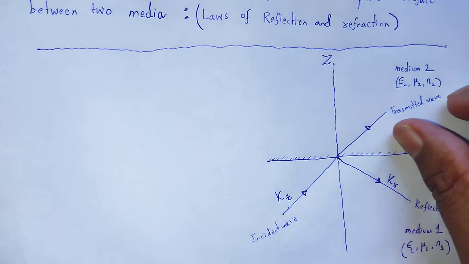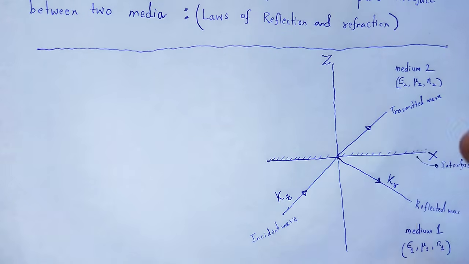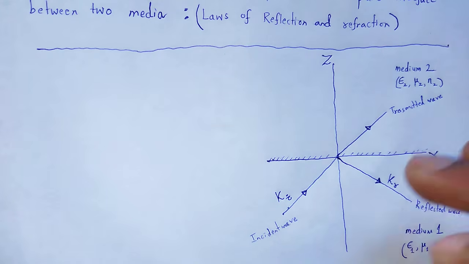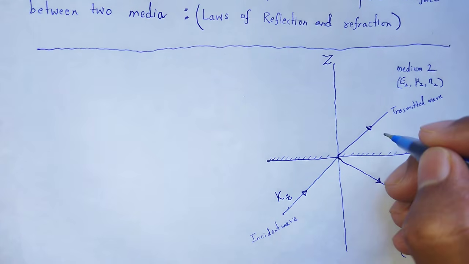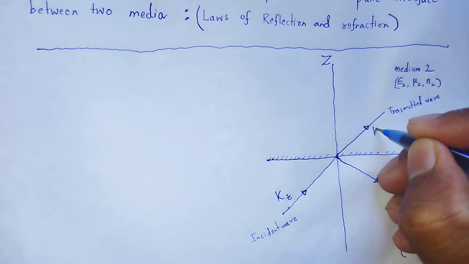This is the refracted wave or transmitted wave. As r is used for reflected, it is very easy to detect the transmitted wave or refracted wave, we can use the letter T, this k t.